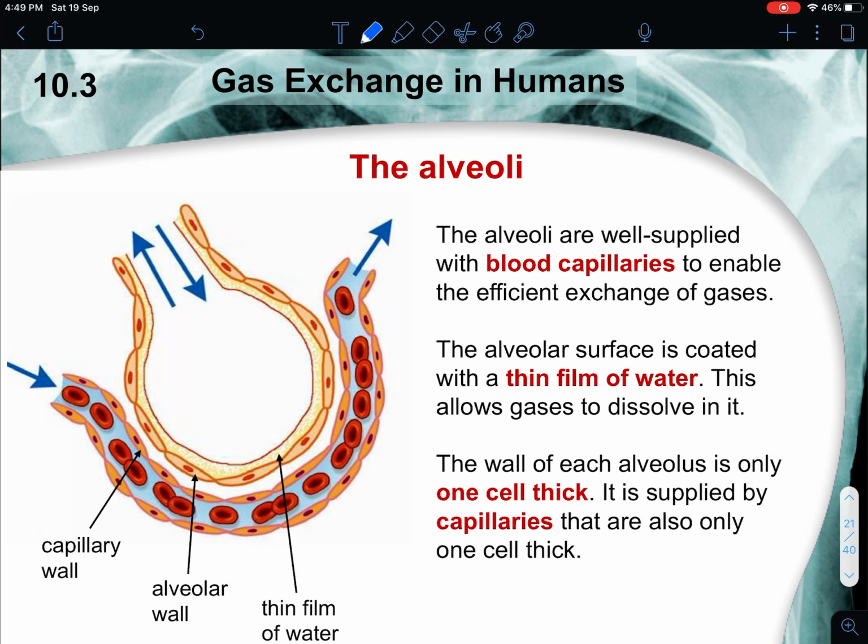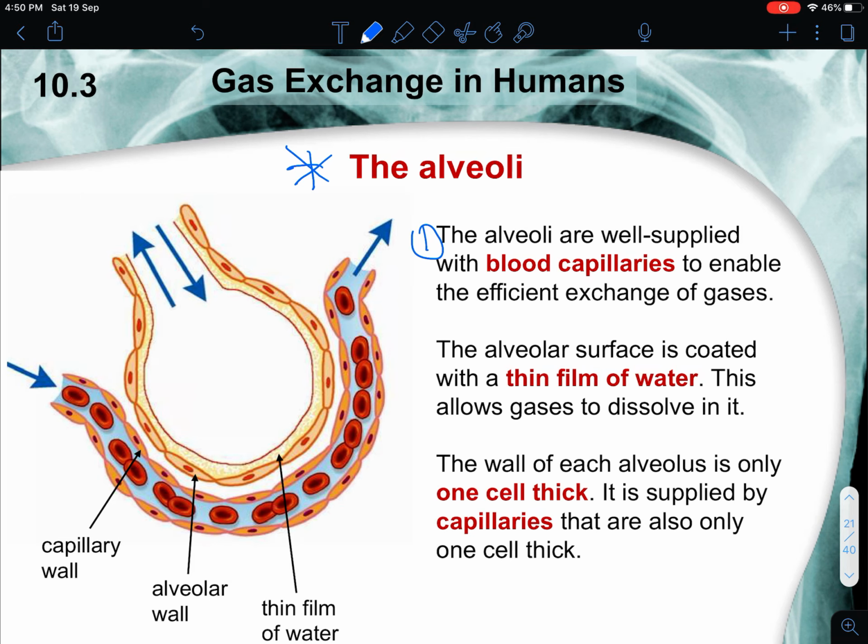Now, it is important that you understand the structure and adaptation of the alveoli, as well as how it performs its function. So the alveoli are generally well supplied with blood capillaries to help enable the efficiency of exchange of gases. Having a lot of blood capillaries helps to do the loading and unloading of your oxygen and carbon dioxide across the alveoli fast enough.